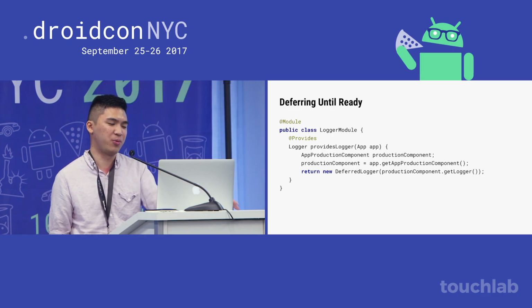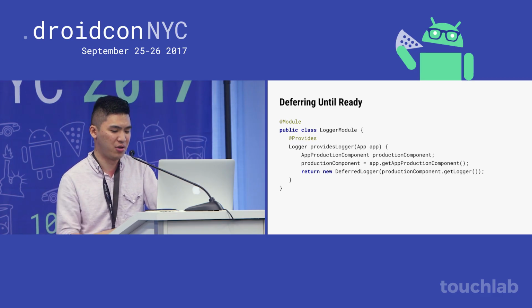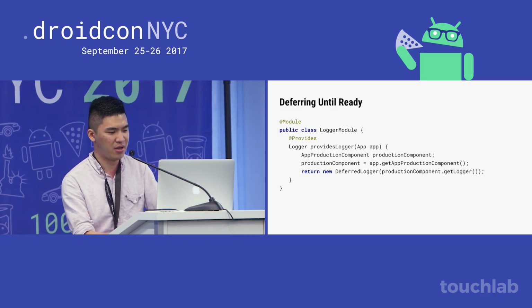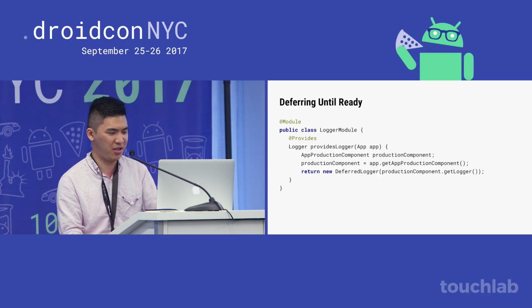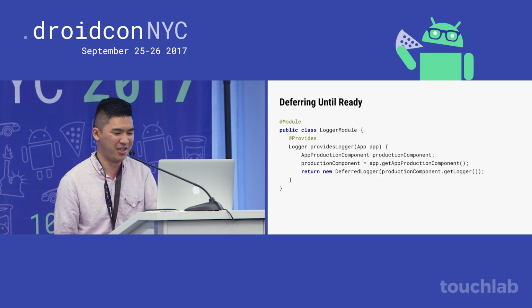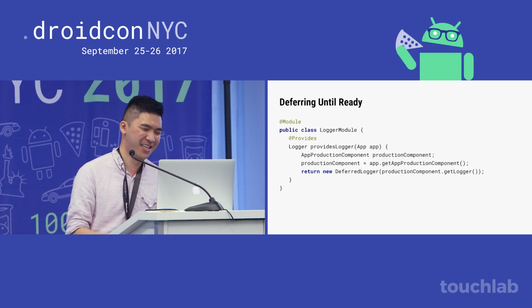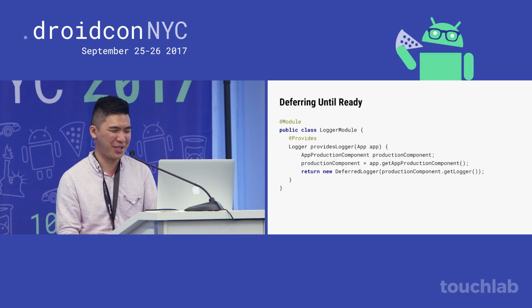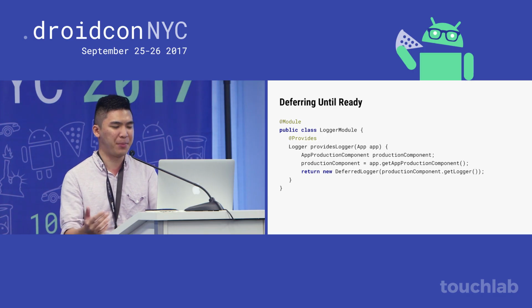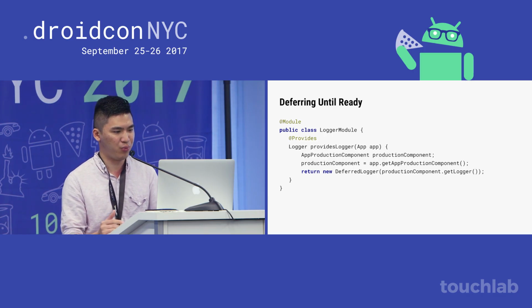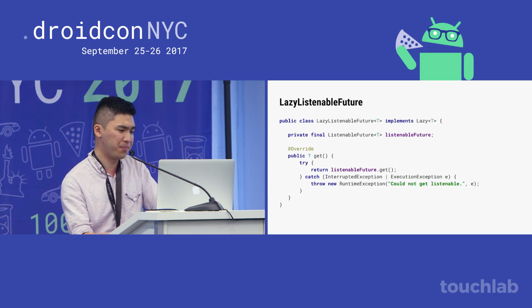So this will give you a reference to that listenable future that we need here. And then instead of returning the real logger, you return this deferred logger. And that's the really nice thing about writing dependency injection with interfaces. So in theory, you can do something like this where you wrap the real logger with this deferred logger.